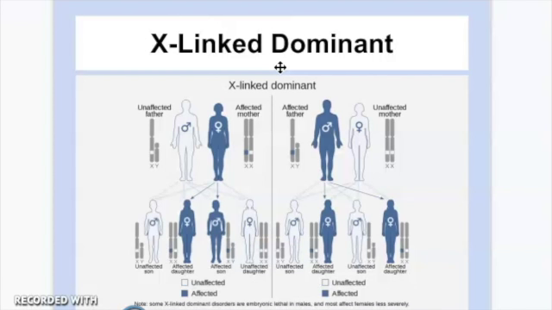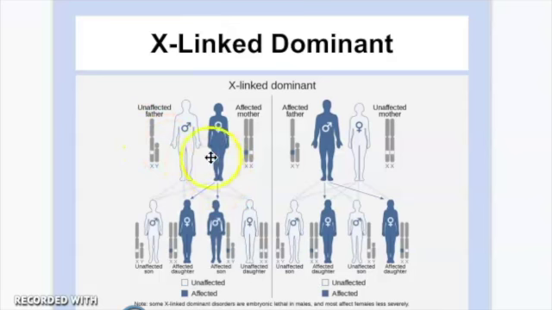Okay, with one, you'll have the disorder. So let's look at this left-hand side here. We can see that mom is affected. Okay, she has the disorder. And dad, he's unaffected. He doesn't have the disorder.